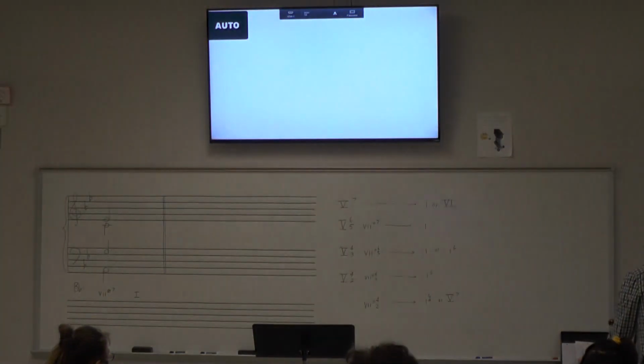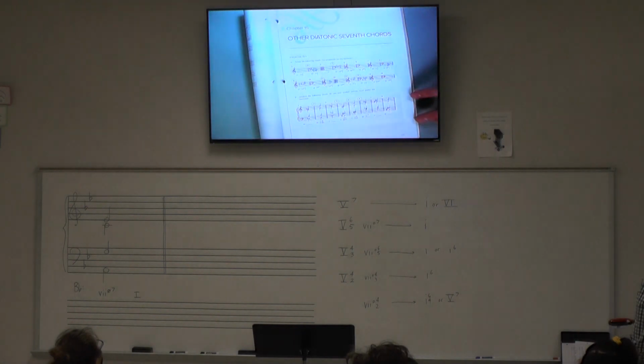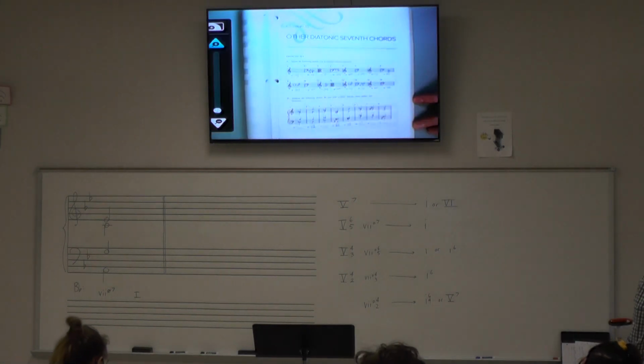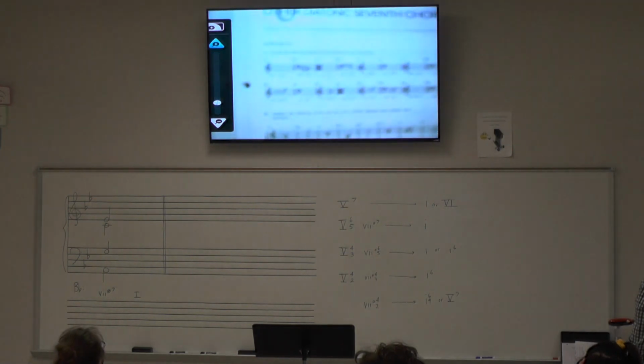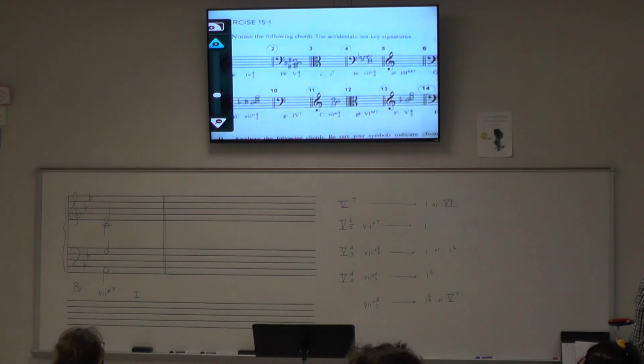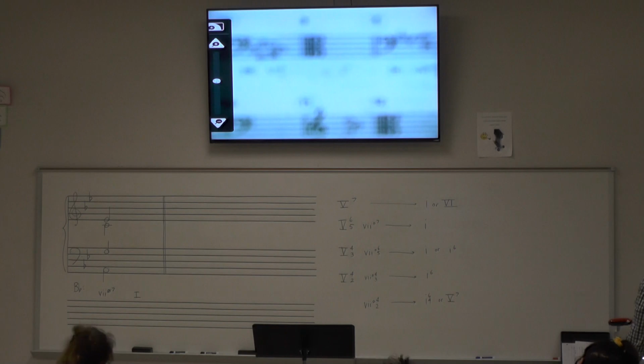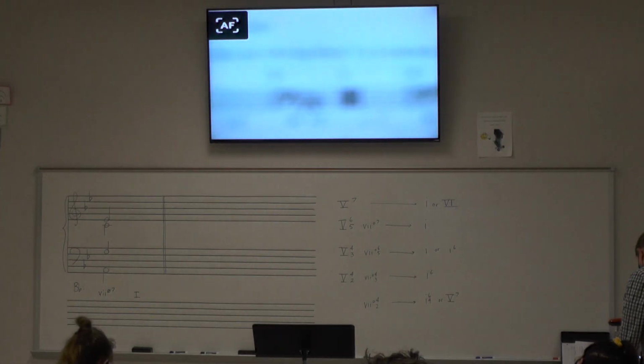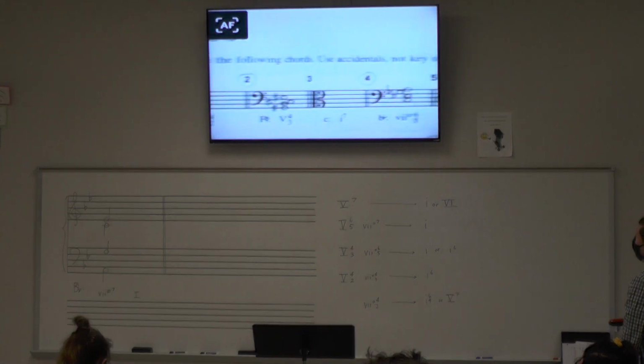In the first section, they ask you to notate the chords using accidentals, not key signatures. So you will probably have to use accidentals in almost every chord here, because they do not want you to fill in the key signature for the key of the chords. Okay, number 2 and number 4.